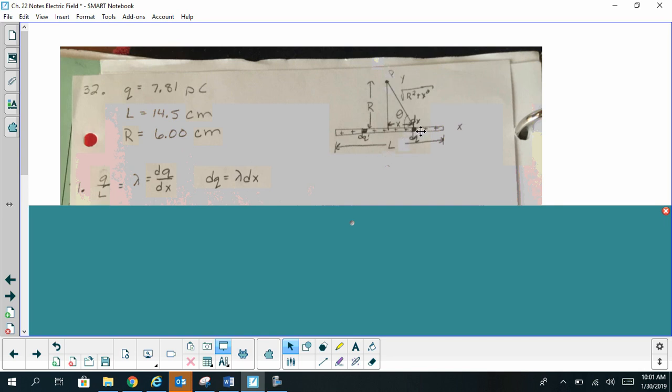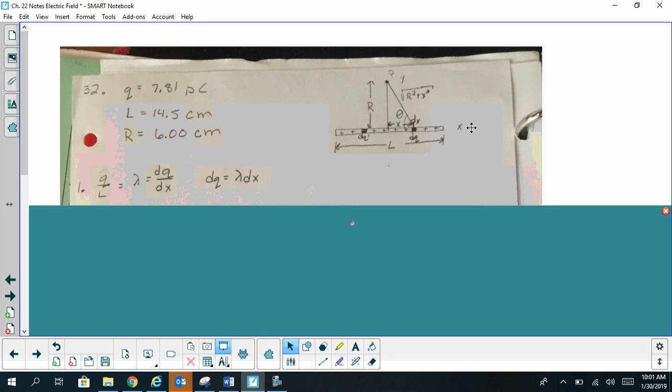But over here, since the length varies, as we vary x going out, our distance from our dq up to our P is going to vary, right? And so that's going to be the hypotenuse of our triangle. So you'll see I've written that in terms of the Pythagorean theorem, the square root of R squared plus x squared, okay?